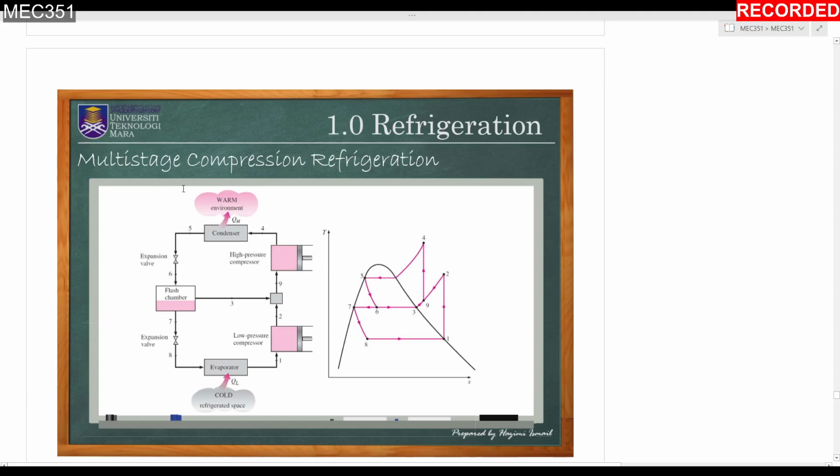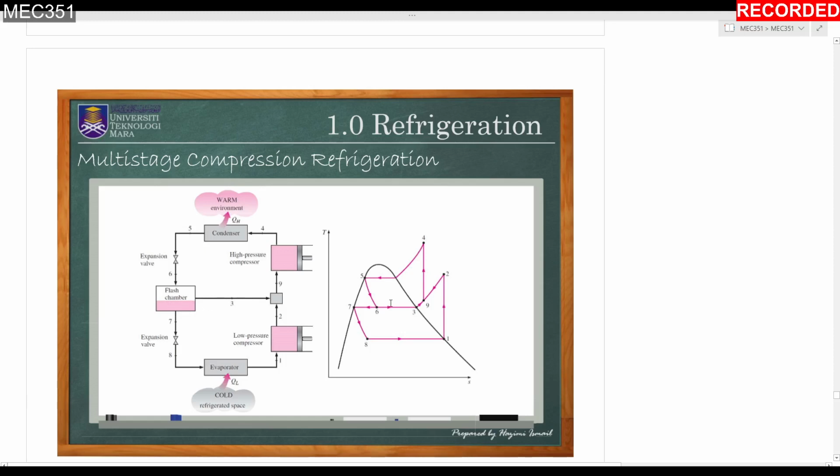Okay, but the multi-stage also has multiple compressors. By looking at this diagram, we have the high pressure compressor at the upper stage and the low pressure compressor at the lower stage here. And then we have a flash chamber to separate the vapor refrigerant and the liquid refrigerant.